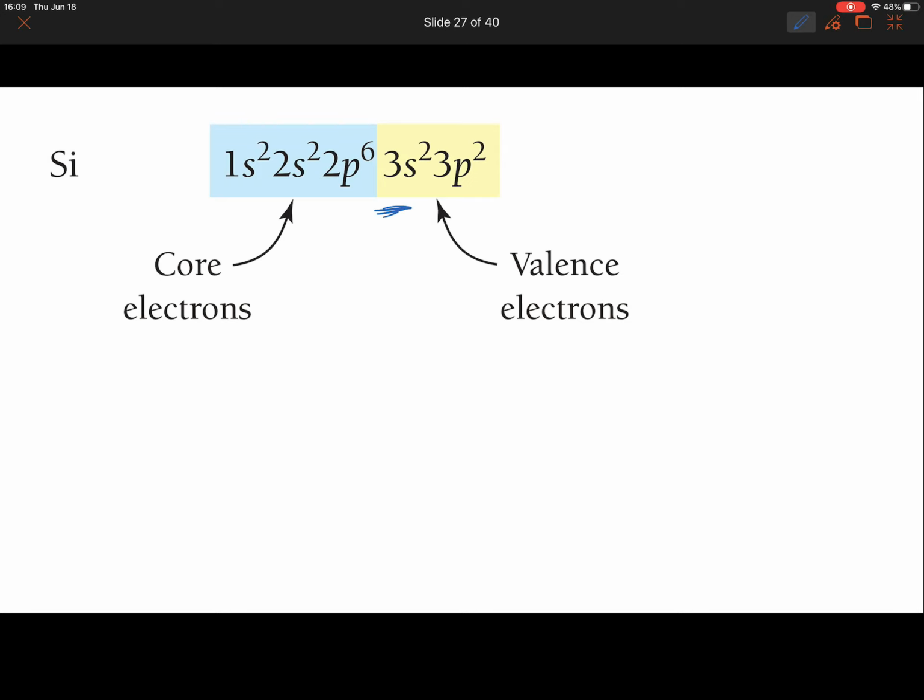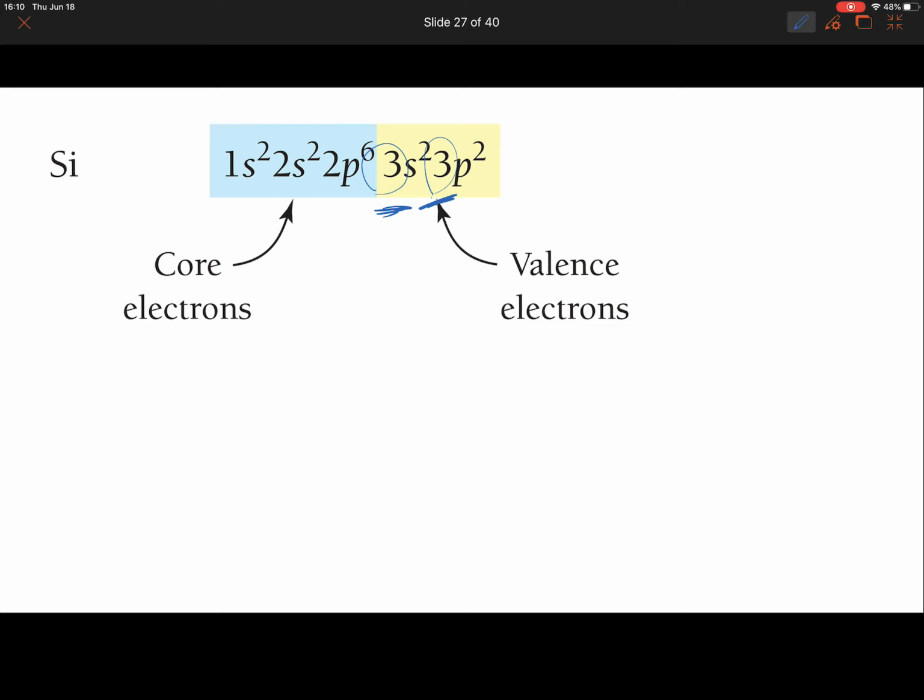So whichever shells have the highest principal quantum number, those are going to be our valence shells or our outermost shells. These are the electrons that are important in chemical bonding. The electrons that are not in the outermost principal shell are called core electrons, and those electrons do not participate in the chemical bonds.